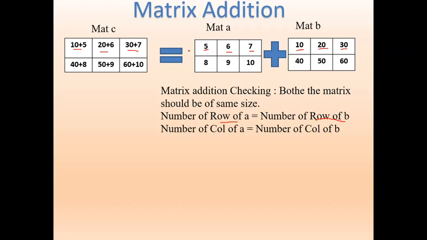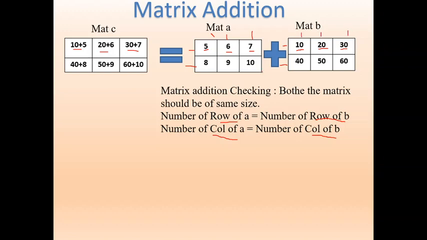Here matrix A has 2 rows, so matrix B also has 2 rows. And the number of columns of the first matrix should be equal to the number of columns of the second matrix. Here my matrix A has 3 columns: 1, 2, 3 columns. Matrix B also has 3 columns.